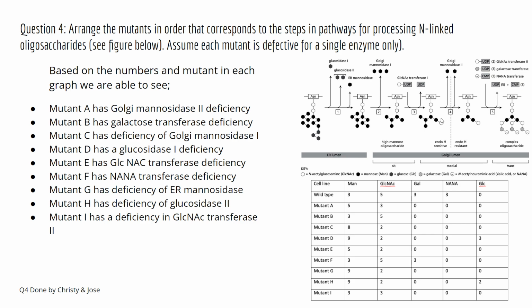However, in order for mutant A to progress, this enzyme needs to affect the final form in order to go to the next step. However, since there is a deficiency, the enzyme does not work as intended. Therefore, this is the enzyme that has a deficiency, and mutant A has a Golgi mannose 2 deficiency.